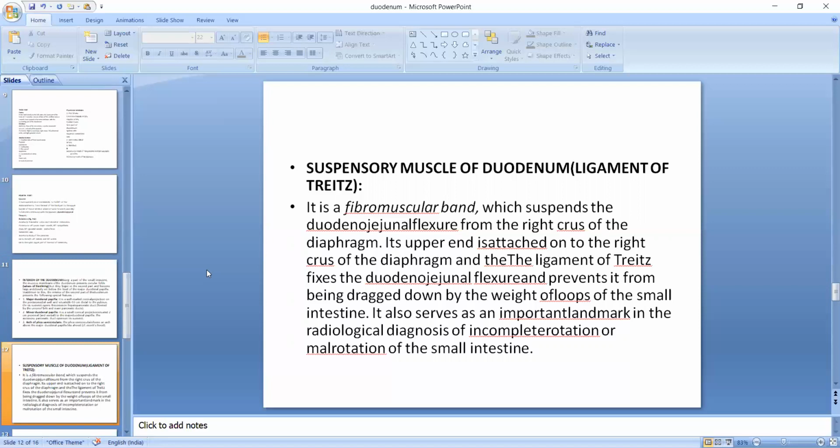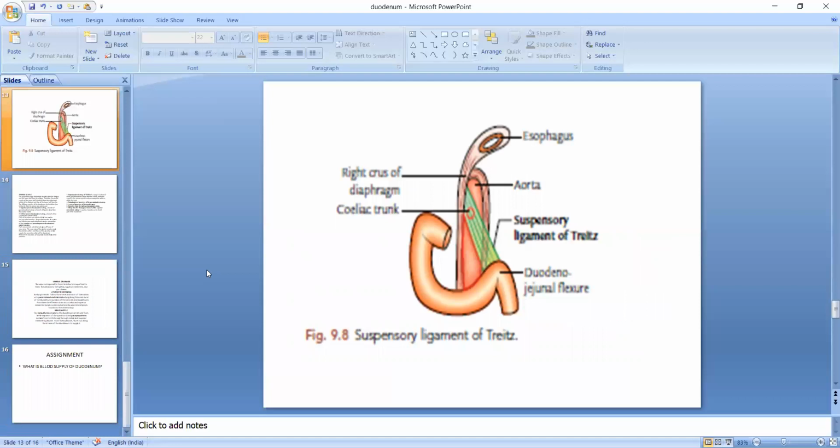It also serves as an important landmark in the radiological diagnosis of incomplete rotation or malrotation of the small intestine. So we can see here the suspensory ligament of Treitz.